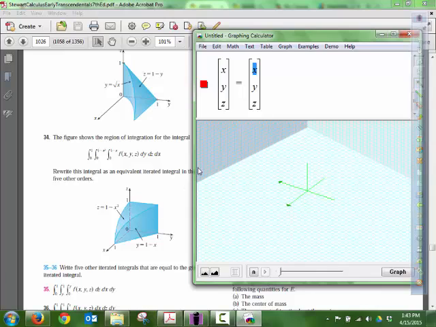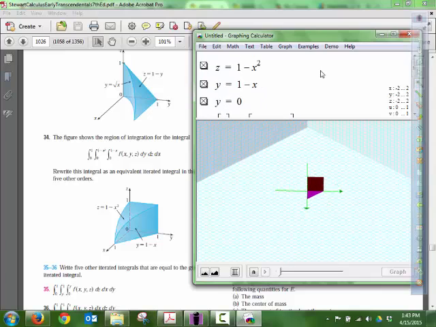Next surface, let's parameterize it back. That one's easy. That's just y and z. So x is equal to 0, u and v. All right, two surfaces. Now, let's see if we can parameterize the top.